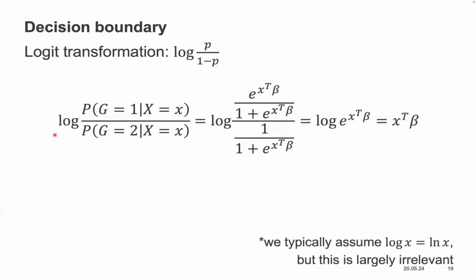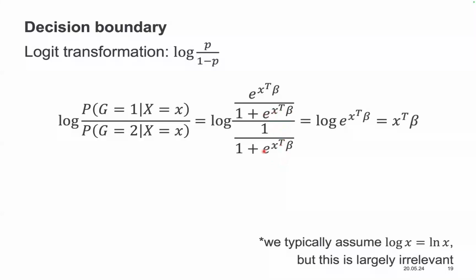So when we describe the logits, then we take the logarithm of the one probability divided by the other probability. And if we fill in our functions that we used on the previous slide, we have these corresponding two terms.